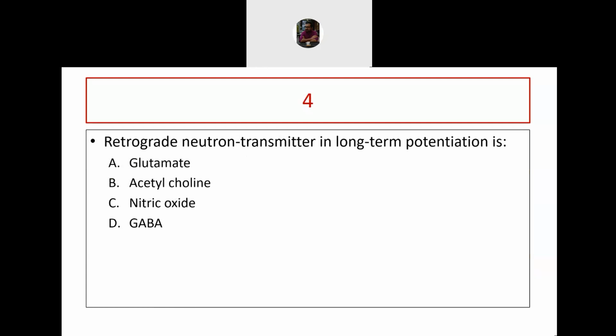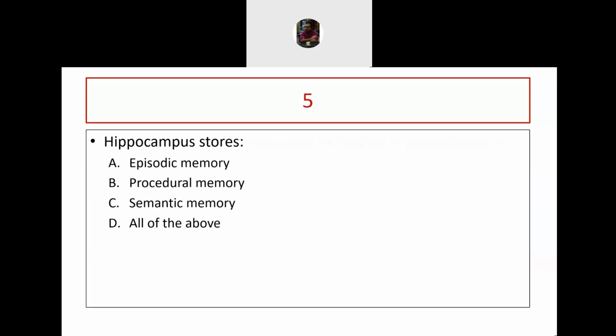Retrograde neurotransmitter. What is an example of that? Very good. The answer is nitric oxide. And finally, what does hippocampus store?